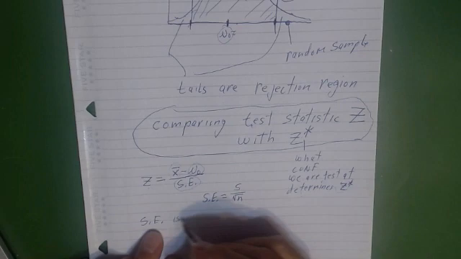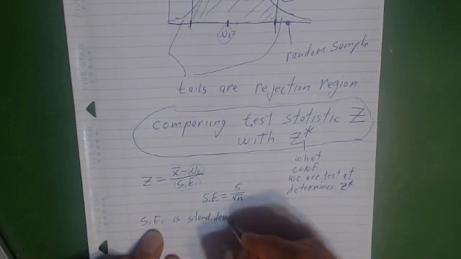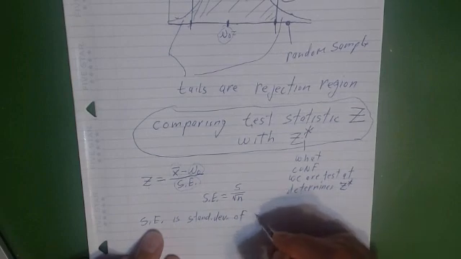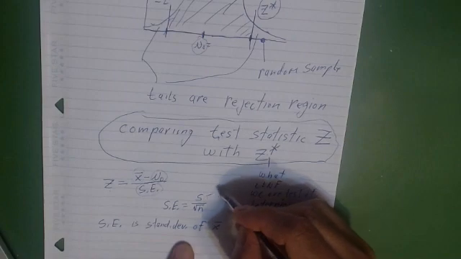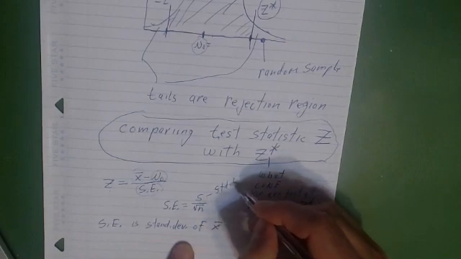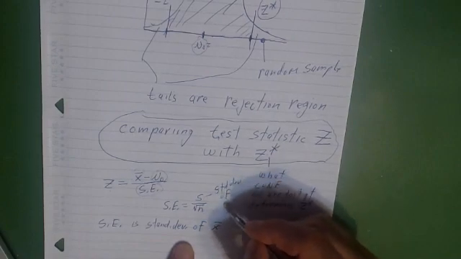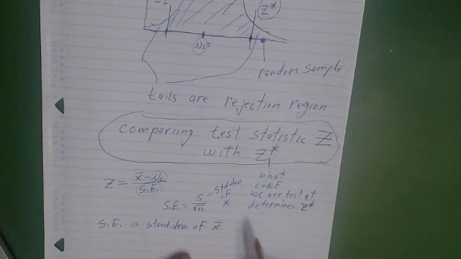Standard error is the standard deviation of the X bars, okay? So this S is the standard deviation of the X's, of the individuals that make up an X bar.